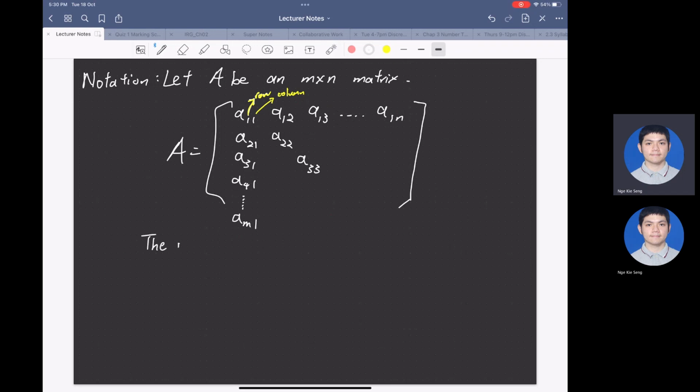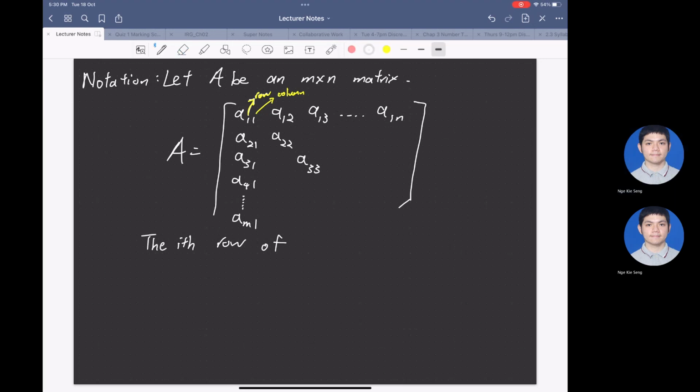And then the ith row. When we say the ith row, it is going this way. Let me just draw it first. For example, this one is the second row.